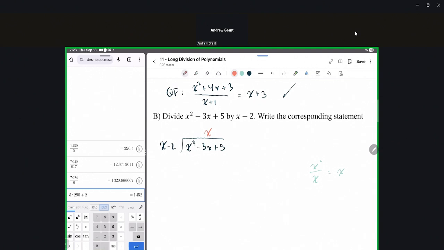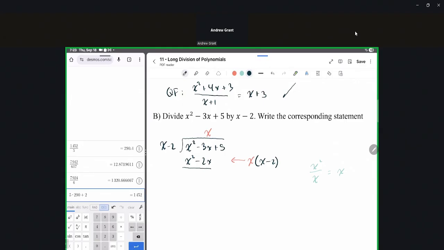So like the x goes above the negative 3x term and so forth. Okay, so on this line, I want to write x multiplied by x minus 2. So x times x is x squared. x times negative 2 is negative 2x.